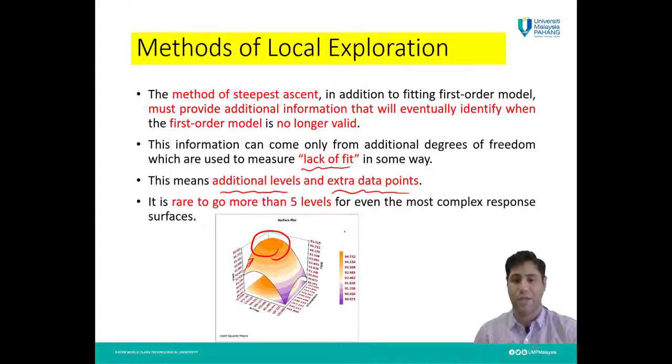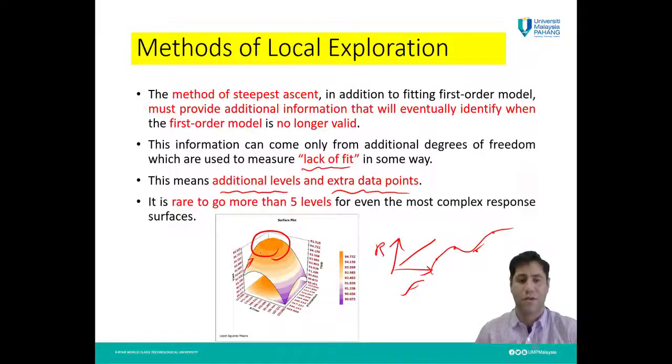The linear model is something like this. But when we go for the second order model, it can also be like this. So we need more levels in our design space, factor and response, like what we have here. So we need to increase, here you can see the extra level which we need.